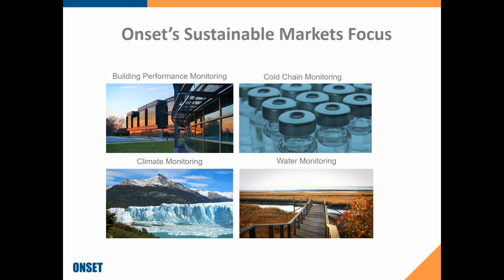That's really been one of the main reasons why Onset's been able to stay open and continue to conduct business. There are major pharmaceutical companies out there that are using our products in critical shipments. It's been a nice thing that we've been able to maintain, staying open through everything that's going on.